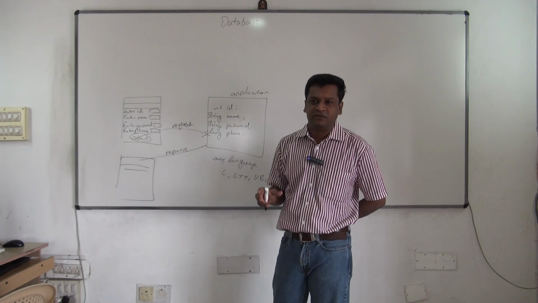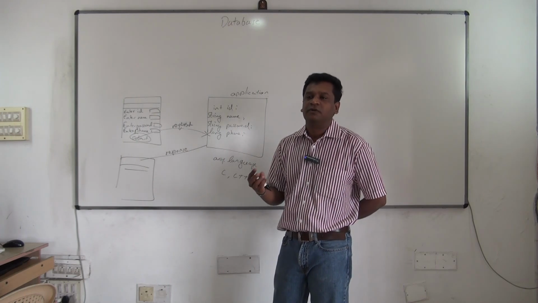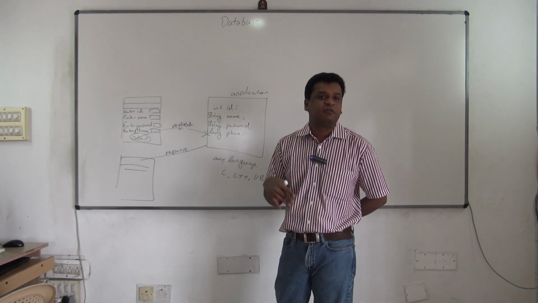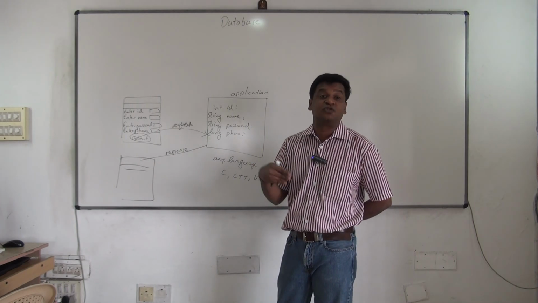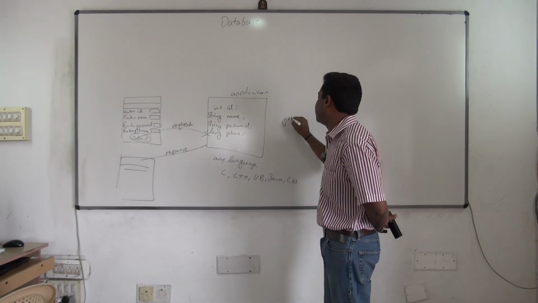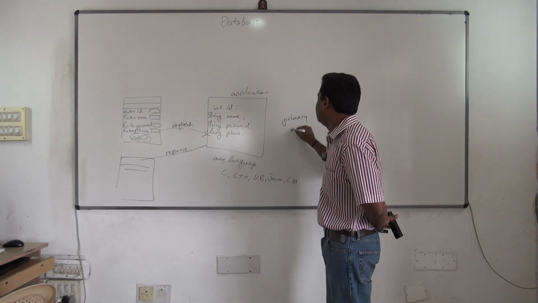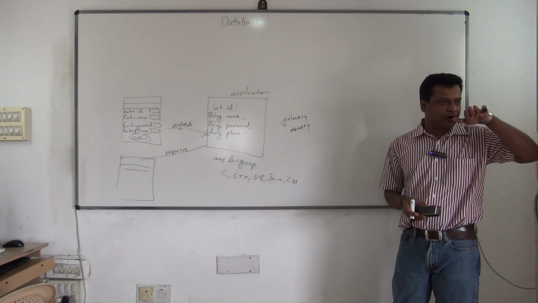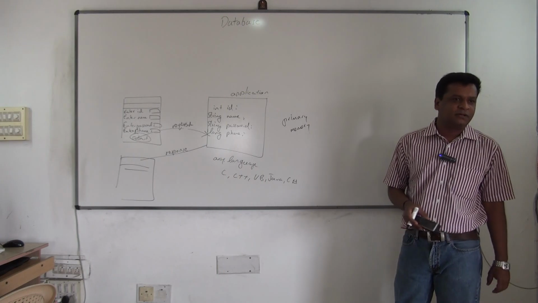First time he'll give all the values, second time onwards he wants to enter only a few values, and the other values your application should get itself. But from where will it get them? You have to store them somewhere. Your application is always treated as primary memory. Primary memory means it is volatile, as soon as your program or application completes execution, understood?